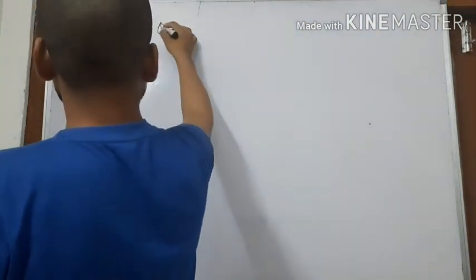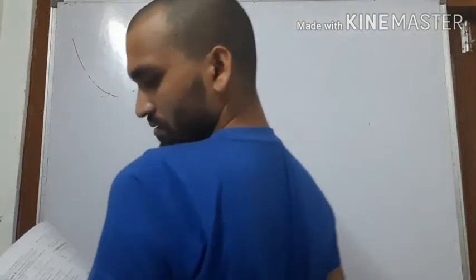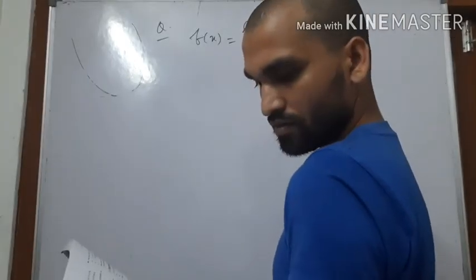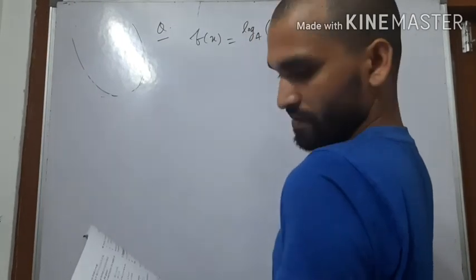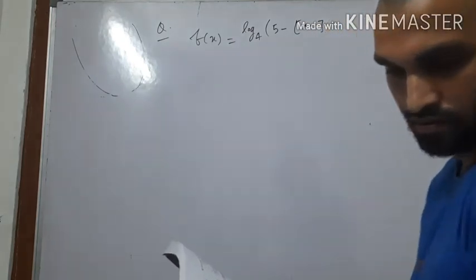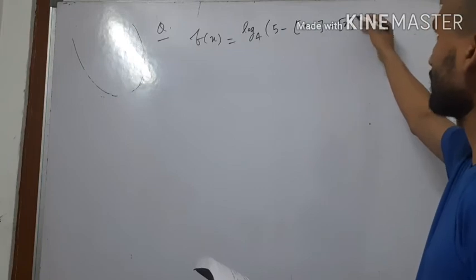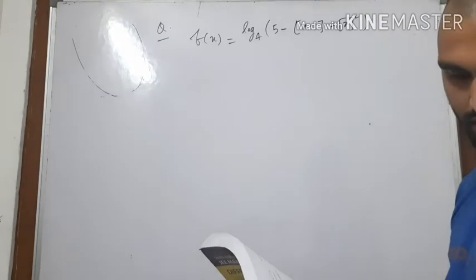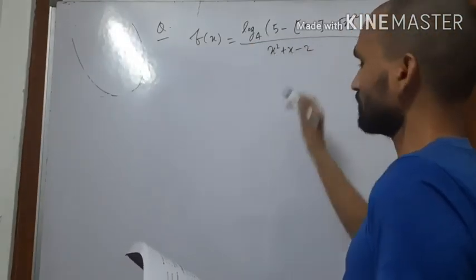We have another question, that is f(x) equals log at base 4 of 5 minus greatest integer of x minus 1 minus greatest integer of x square, divided by x square plus x minus 2.